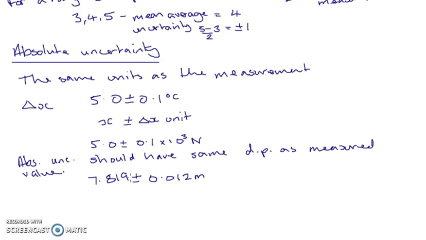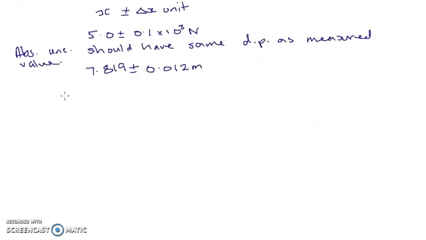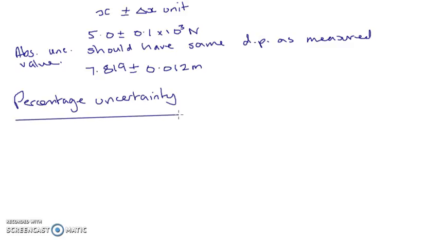Okay, the final thing for this video is percentage uncertainty. We're going to need absolute and percentage uncertainties when we get to the next video. Now I'm going to use the notation that we looked at in the last section about absolute uncertainties.